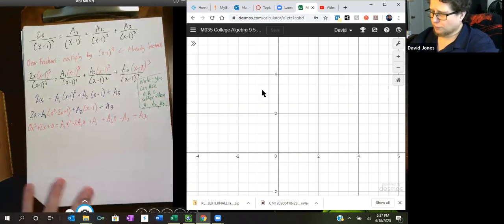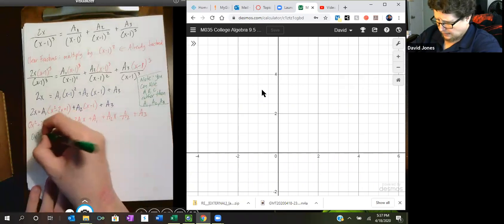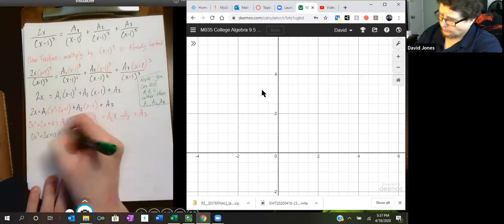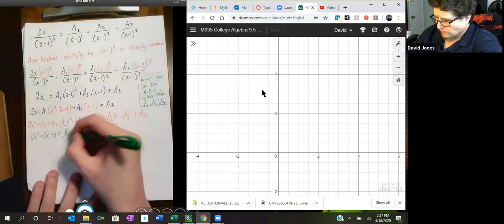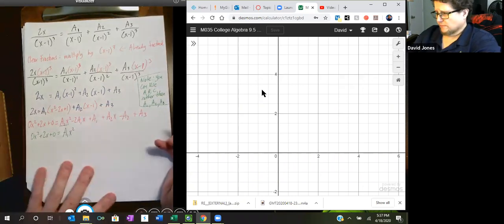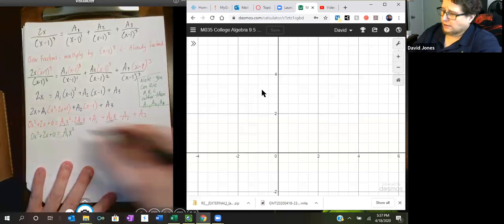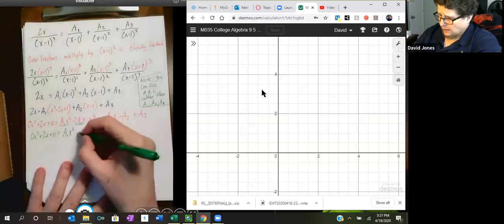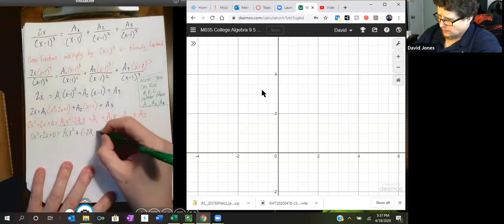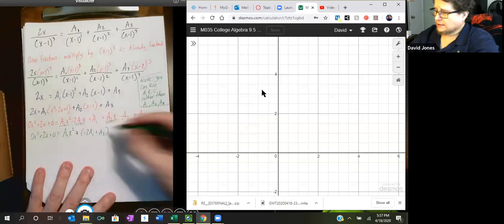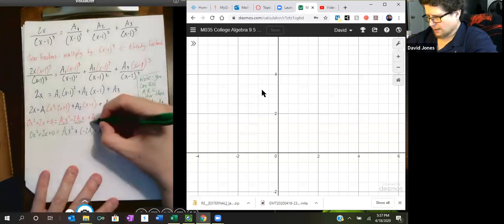And now I'm going to group things that have the same term. I've only got one x squared term. My x terms, and then my constants.